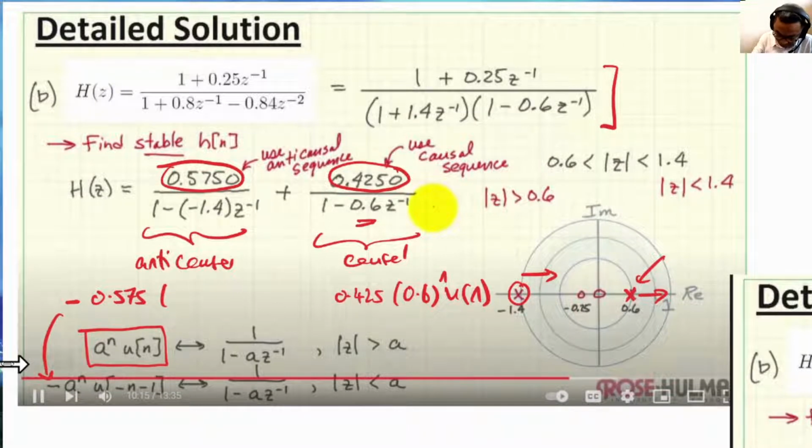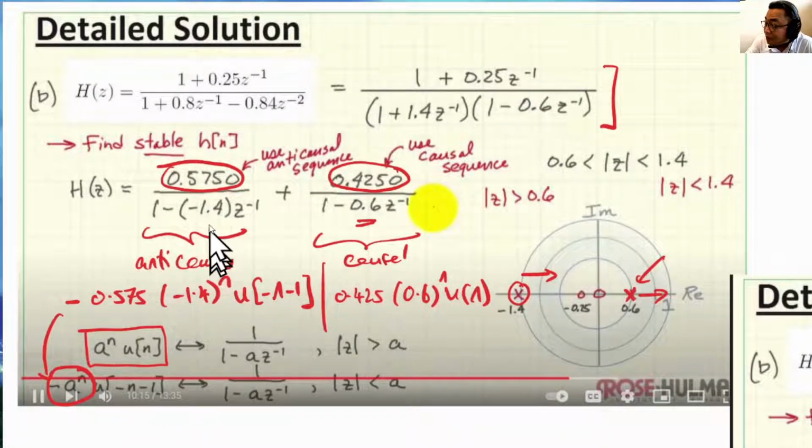Now A is minus 1.4, so this is minus 1.4 for the A, and then we have n here, and then u(minus n minus 1). So please be careful, this A is minus 1.4, so it is minus 1.4 in brackets to the power of n, u(minus n minus 1). This minus comes from the first minus sign here, so minus 0.575.